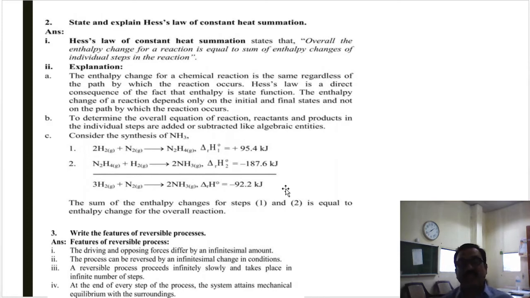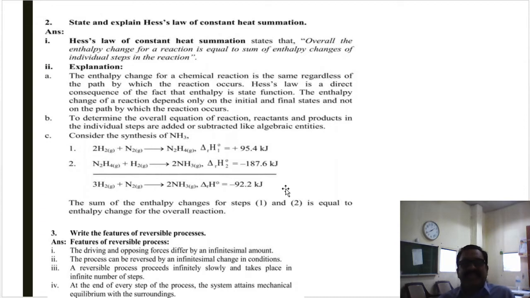This is a very important question, asked many times in board examinations. Hess's law of constant heat summation can be stated as: the overall enthalpy change for the reaction is equal to the sum of enthalpy changes of individual steps in the reaction.